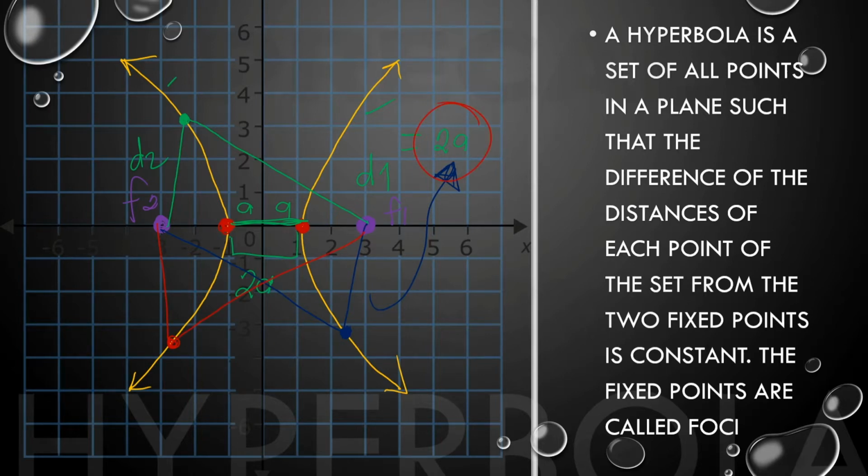Kaya sinabi siyang constant yung difference ng distance na to, distance 1 and distance 2. Yung distance nung point from the foci. So, yung difference daw ng distances ng point from the foci ay constant. So, constant siya sa 2A.